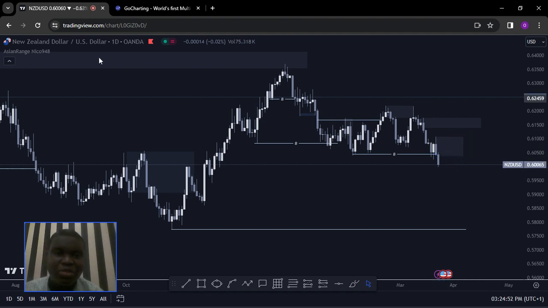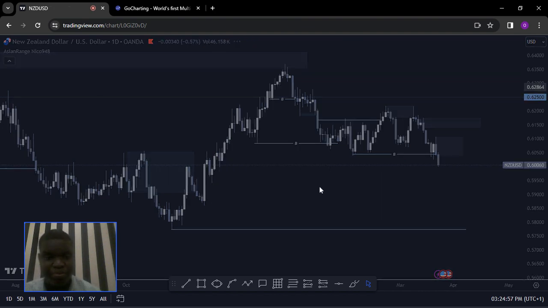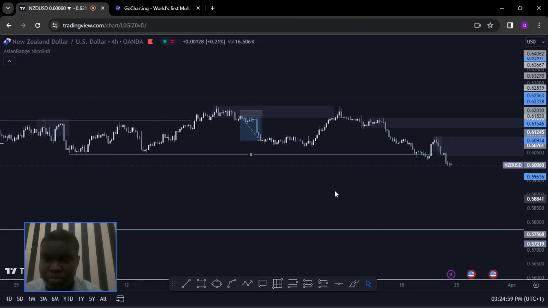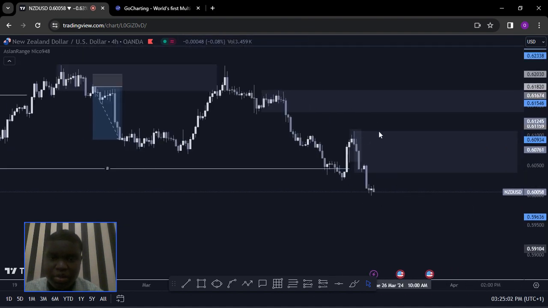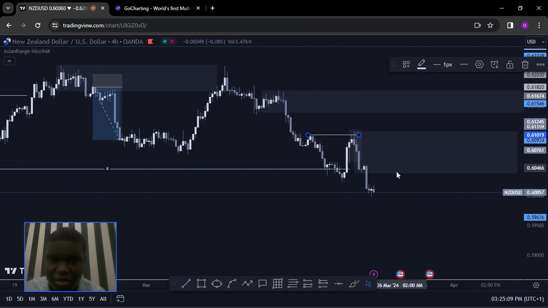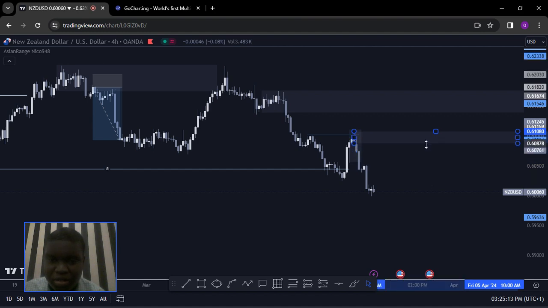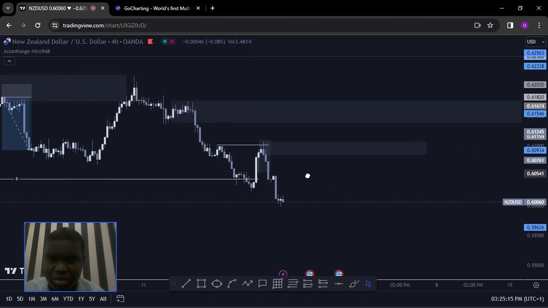And I'll show you why I chose those zones right now. Excuse me. This zone here, this particular zone, why I chose this zone is because it took out liquidity from here. If you want to refine it aggressively, you could drop into that last one.